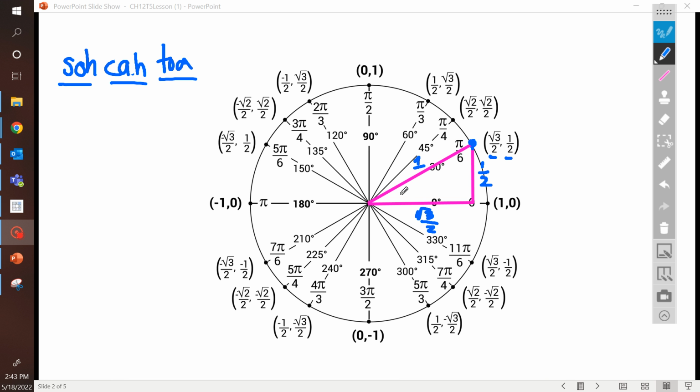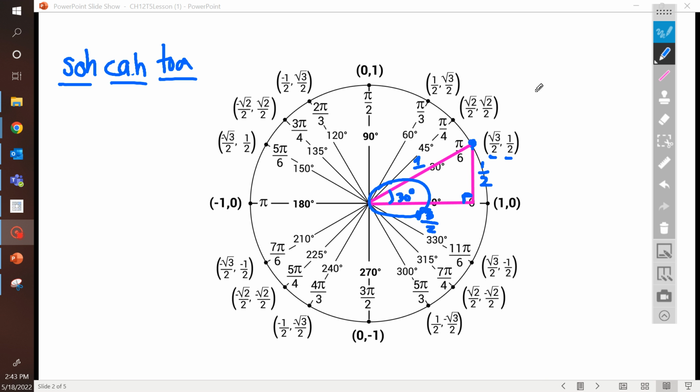Remember, this was a 30-degree angle, and this is a right angle. So we actually have a right triangle where we know all the side lengths. That means we can evaluate sine of this angle.